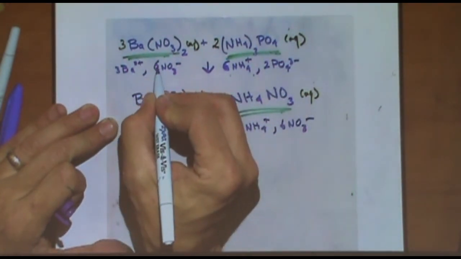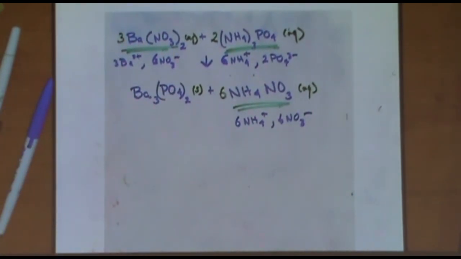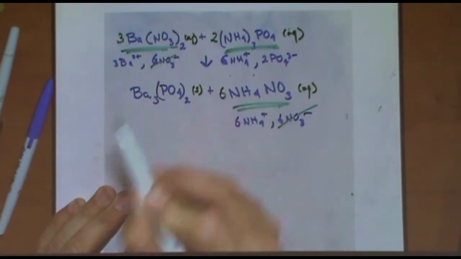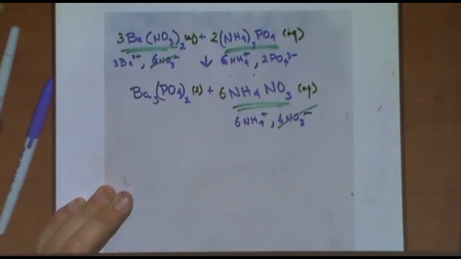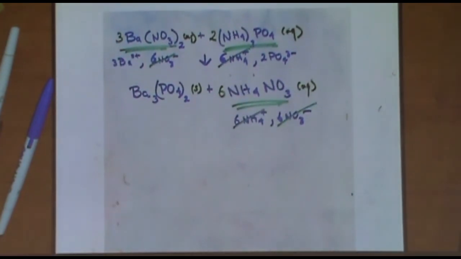Oh, sorry, this was 6 up there. Did I do all my coefficients right? I think. Okay, now you're looking for stuff that cancels. The nitrates cancel, 6 and 6. Ammonium, 6 and 6. I think that's it.